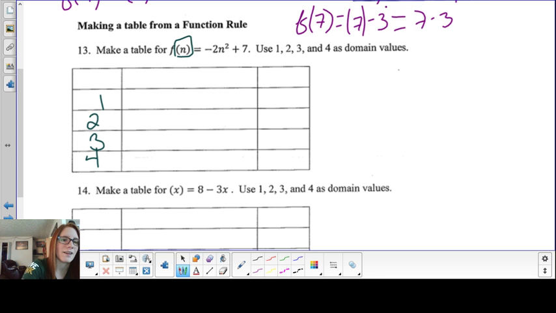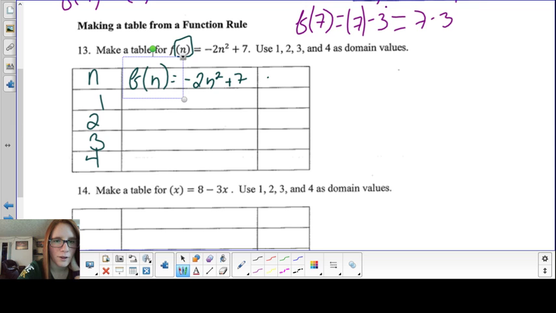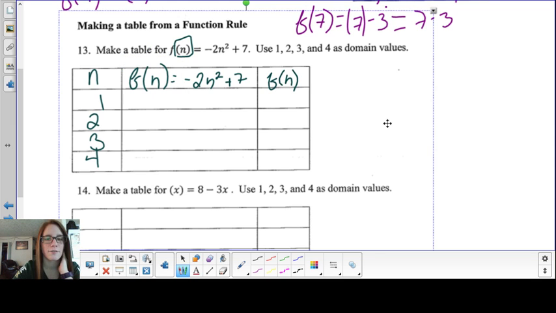It's not x, it's n. Wasn't even looking, just started talking before I looked. In the middle is what it's going to look like when I plug it in. And then the output is going to be my f of n. So that's what it looks like.